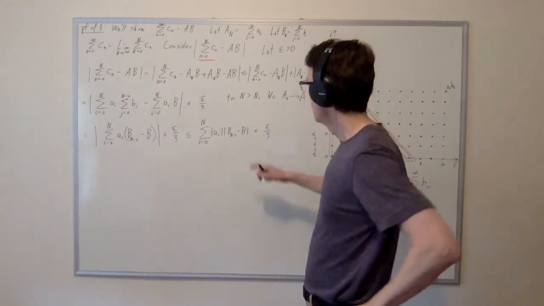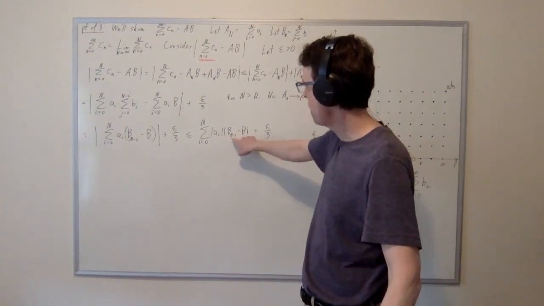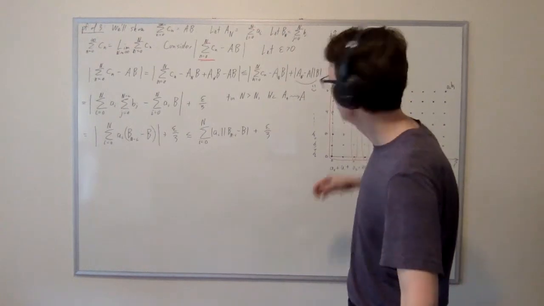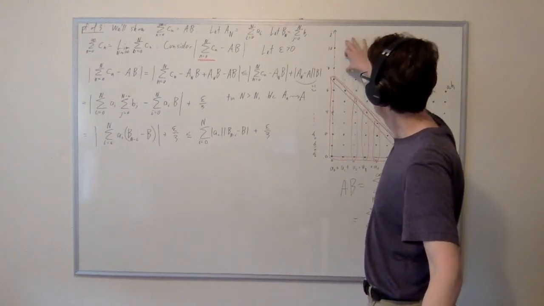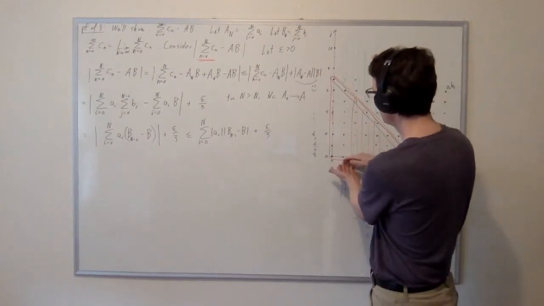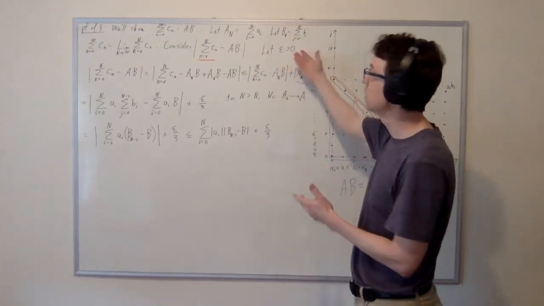Well, if this subscript, cap N minus i, is a big number, then we've actually added up many, many terms of the sequence B before subtracting the limit.